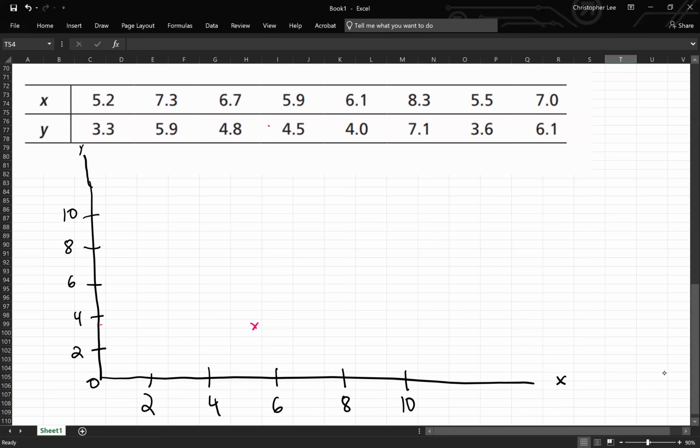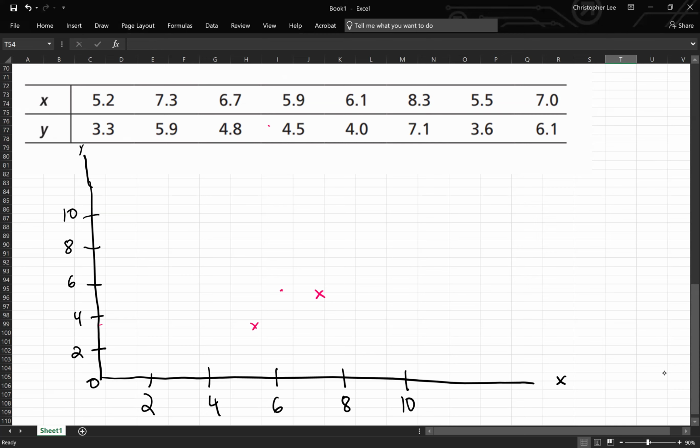Same thing like what we did before. We're just plotting the points. That's it. Let's do the next one. 7.3, 5.9. So I go across to where I think 7.3 is. I go up to where I think 5.9 is, make a mark. You can make dots. I just like to do X's. 6.7, 4.8.